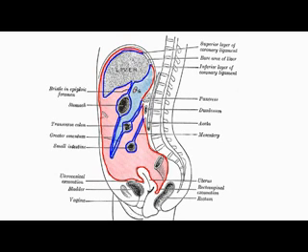So now we've got the red parietal peritoneum and the blue visceral peritoneum. It's one continuous layer, but where it surrounds the organs it's called the visceral peritoneum.